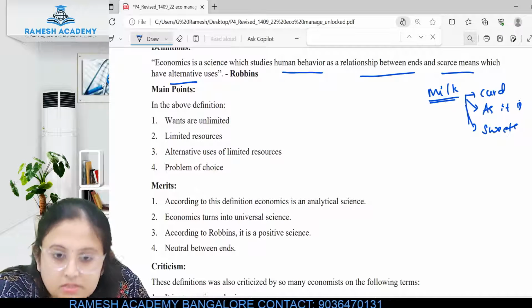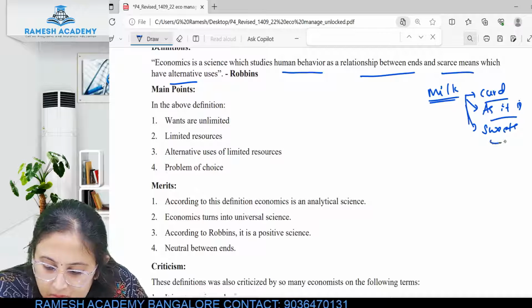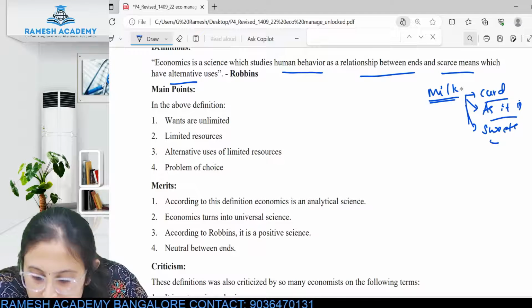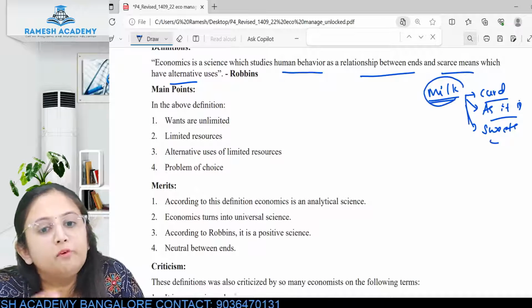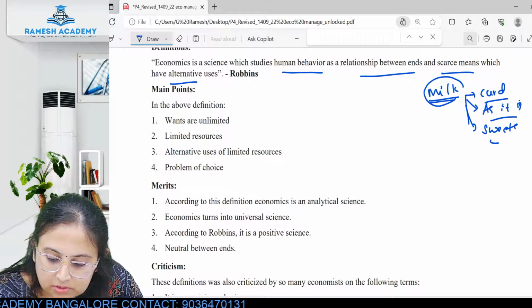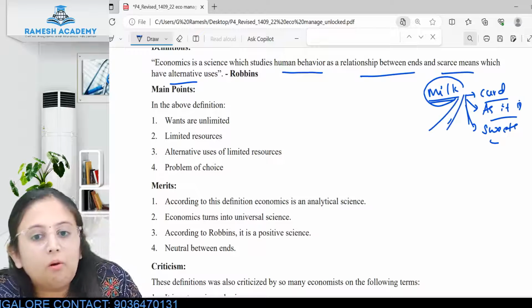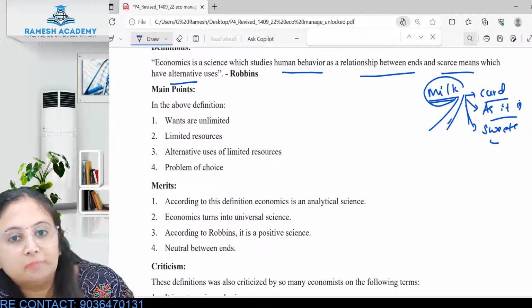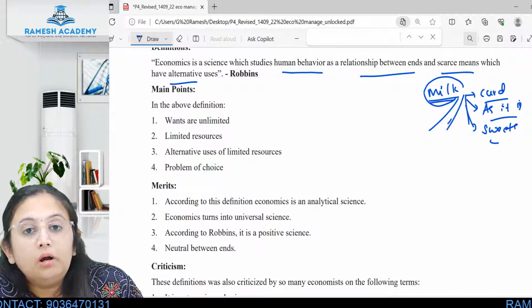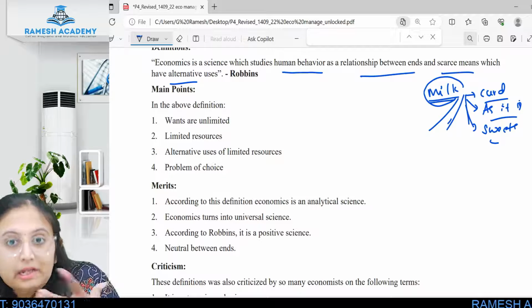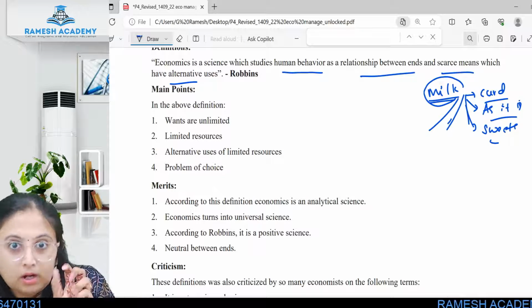So out of these 3 uses, just take alternative uses. The same milk people are using for different purposes, like if there are 10 uses, people are using it for all the 10 uses, only one product, that is milk. Now economics will also tell you what it is that you want to achieve.